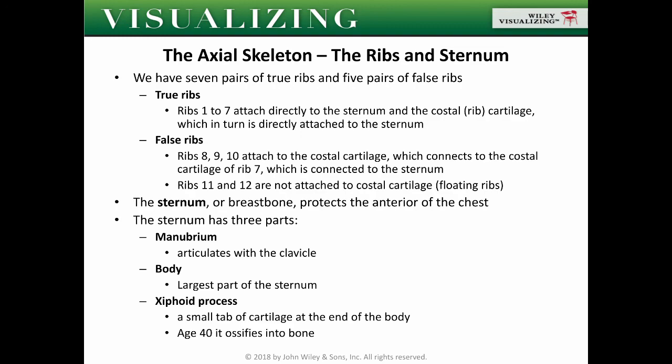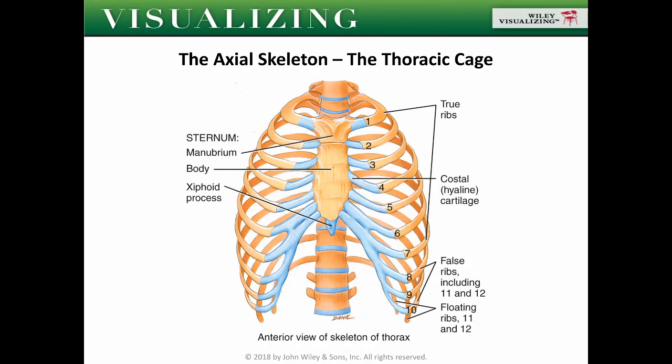They are attached to the costal cartilage, which connects to the rib. They are false ribs because they are not directly attached to the sternum. The sternum is the breastbone. So the true ribs are directly attached, but the false ribs are not attached to your sternum.